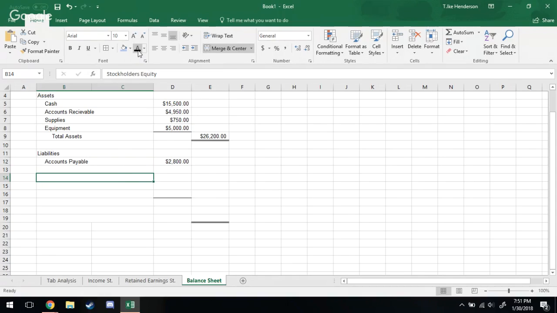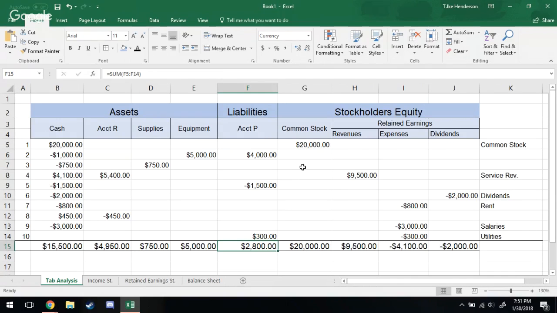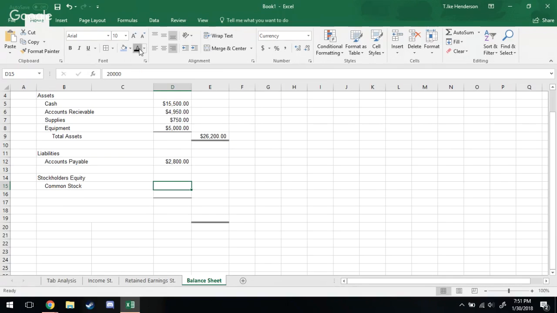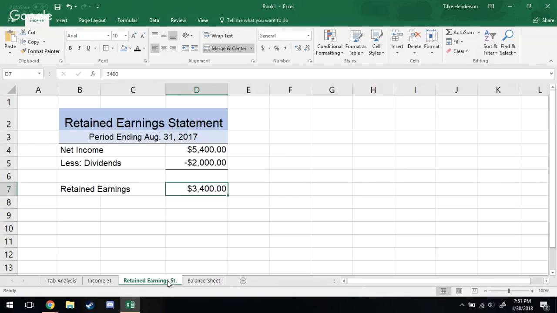Next, we need to record our stockholders' equity. First, we'll start off with common stock. Our common stock account over here in our tabular analysis was $20,000. So we need to put $20,000 on our balance sheet. Next, our retained earnings go in our stockholders' equity. And under our retained earnings statement, we found out that our retained earnings are $3,400.